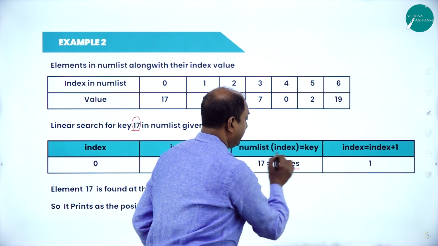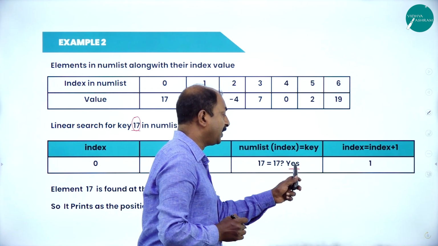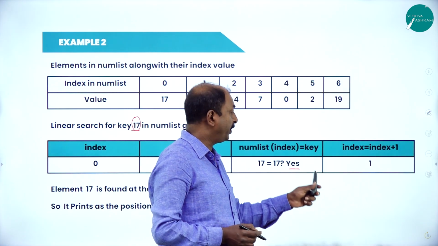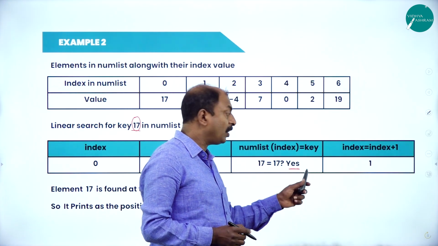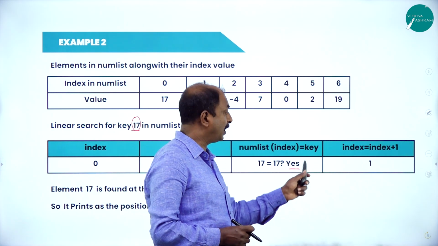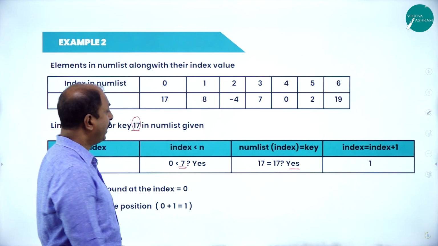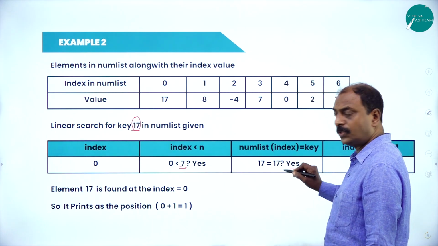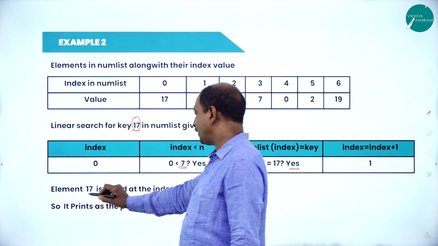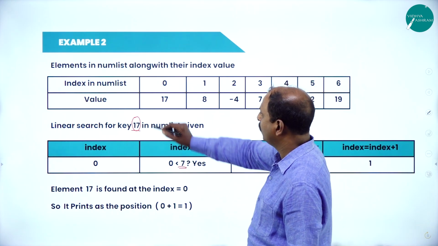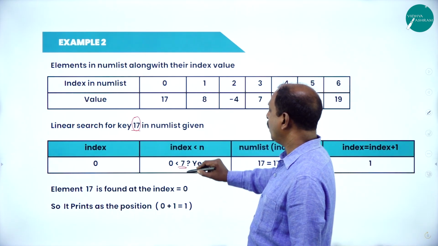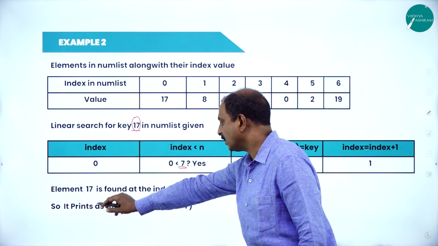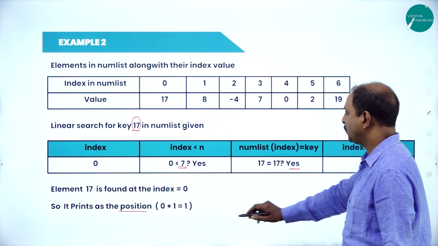So this is yes. When we find the match here, as per the algorithm, we will not continue further. We will come out of the loop, or we will stop executing the program. Then we have to print the message that the search is successful, and here element 17 is found at the index 0. So index of 17 is 0, or we can say that element 17 is present at the position 1.